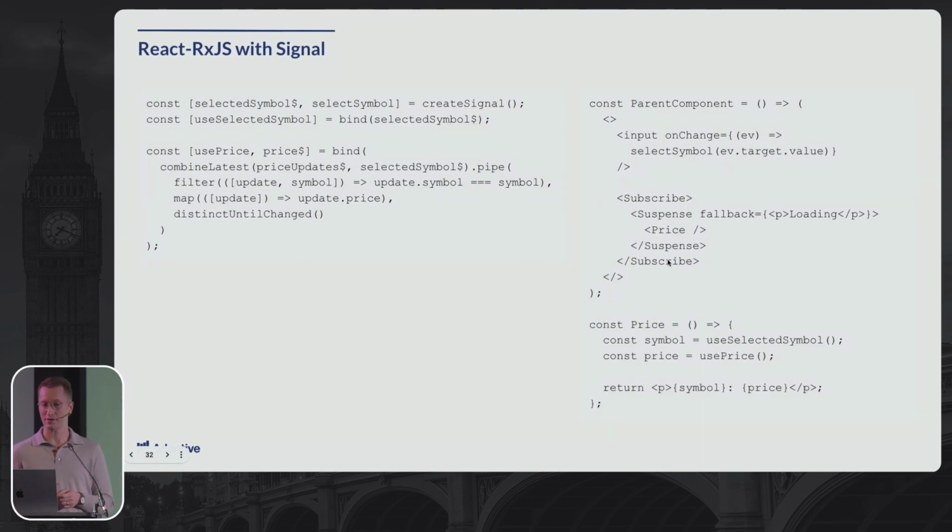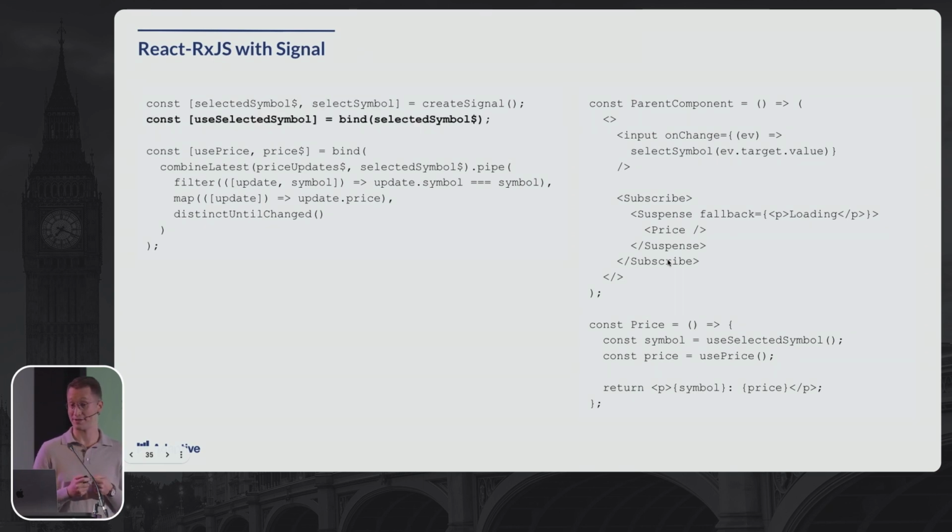The final thing I want to show you is signals. Signals are a way for React components to create observables. We call a function called createSignal, and it returns us an observable and a function that allows a React component to emit the value on that observable.